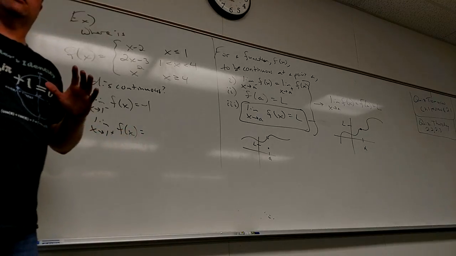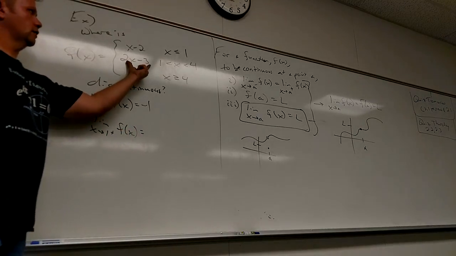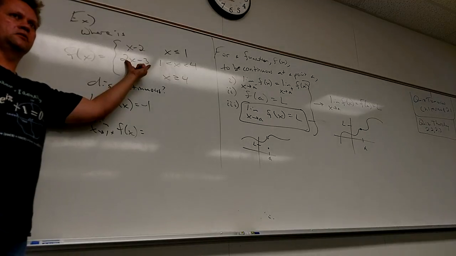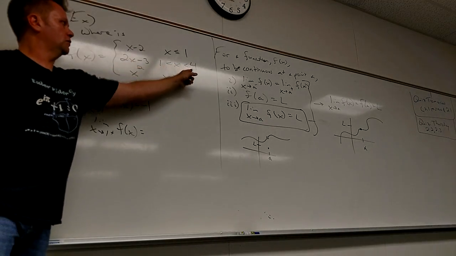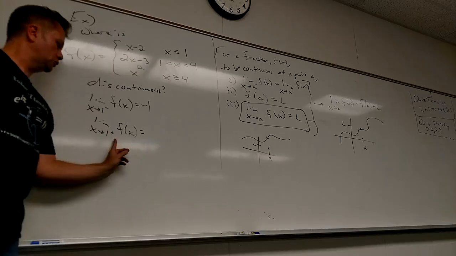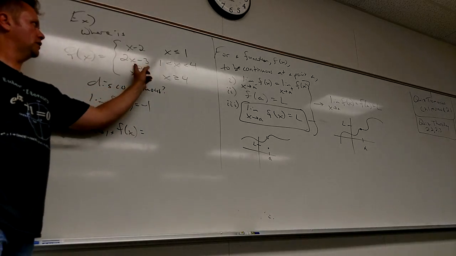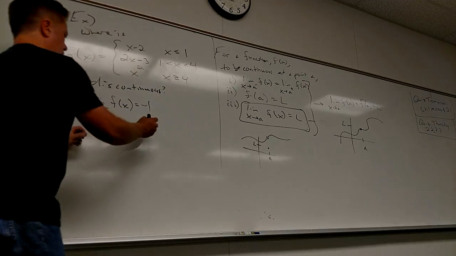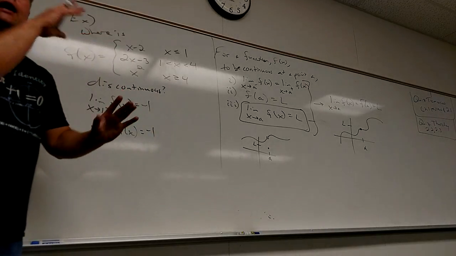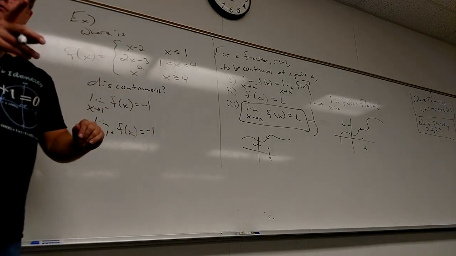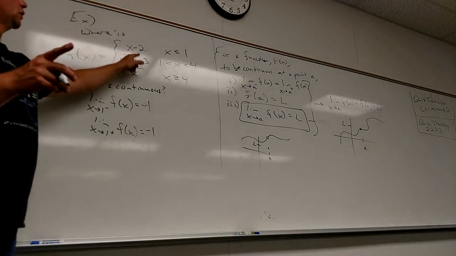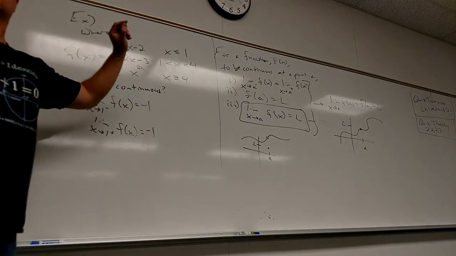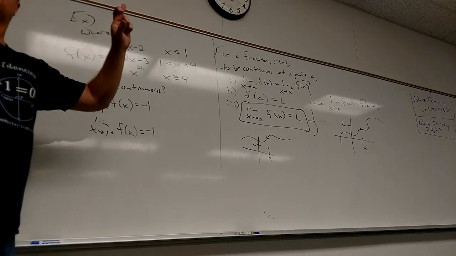And which one are you using now? Yeah, this guy. What works for above 1? And why do I not care about this guy? Because I'm getting closer to 1. So of course, close to 1, this is the one that would work. And when I plug a 1 in there, I also get negative 1. So it looks like it's continuous at 1, because not only does it look like it's going to negative 1, it actually gets there. How are we doing so far?